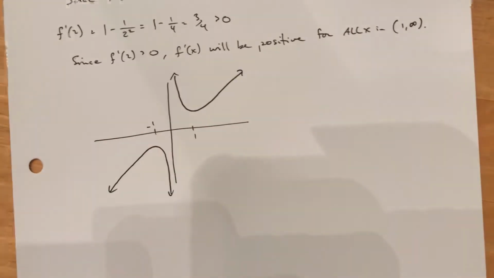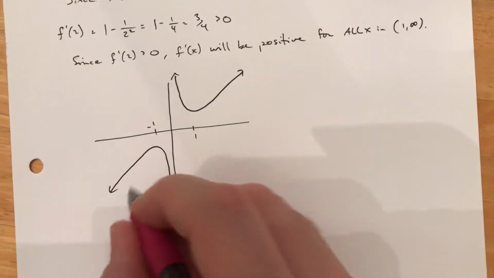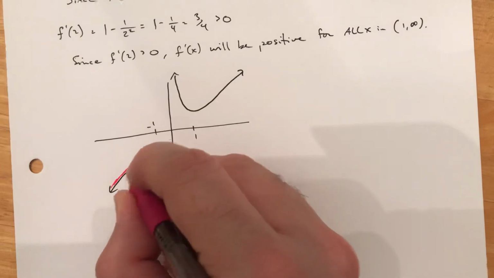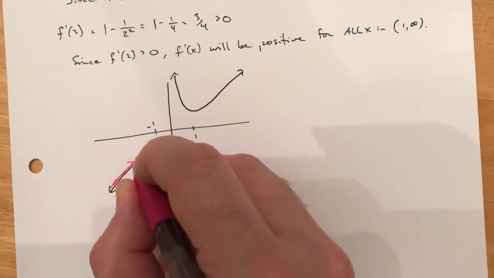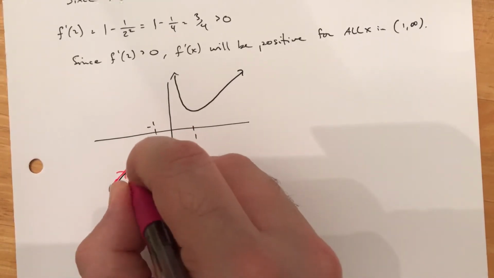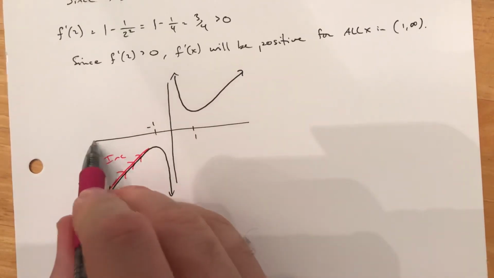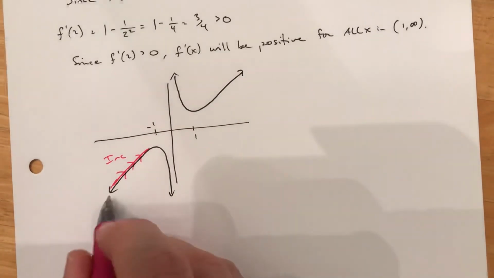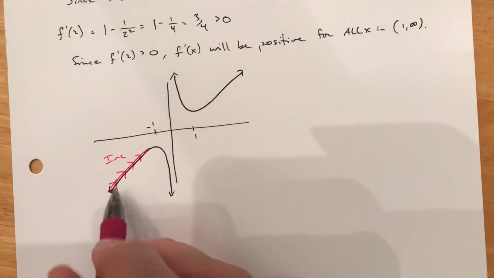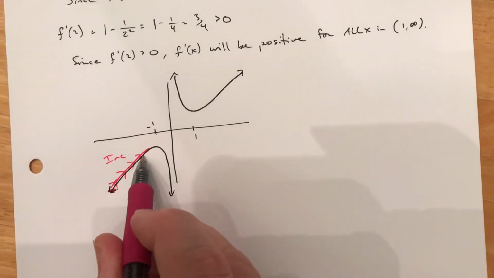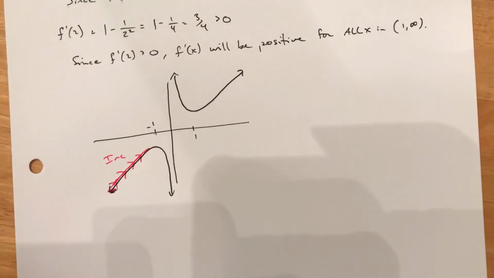The function is increasing from negative infinity up to negative 1. And again, we are moving from the left side to the right side, so the graph is going up.